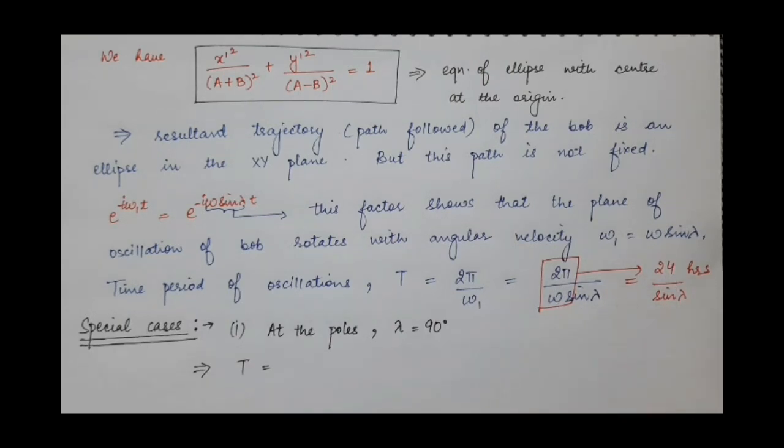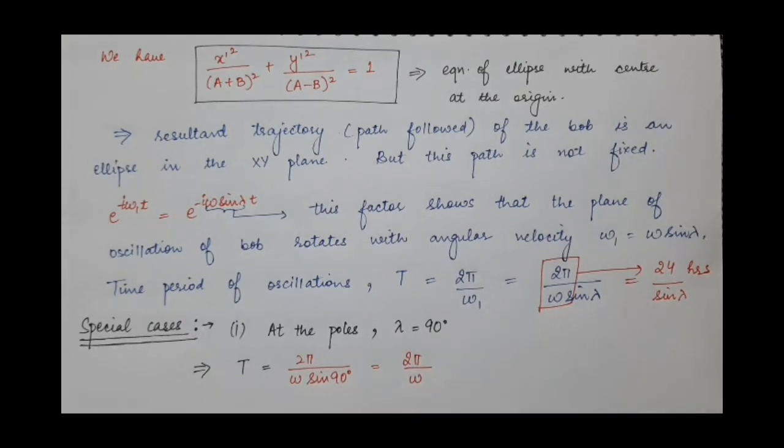So now we'll discuss its special cases. Now if this Foucault's pendulum is placed at the poles on the surface of earth, then at the poles the angle of latitude lambda is equal to 90 degrees. So what will be the time period of oscillations of Foucault's pendulum? It will be 2 pi by omega sin 90 degrees, and we know that sin 90 is 1.